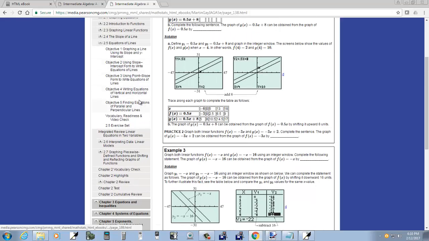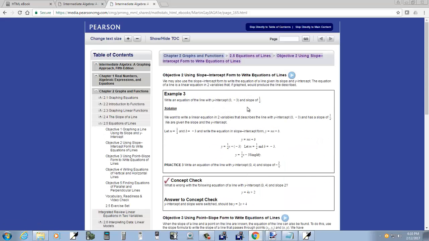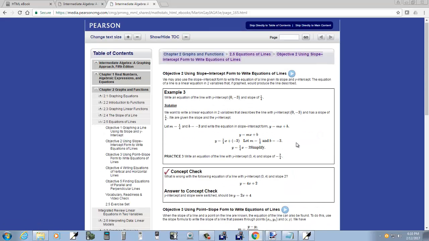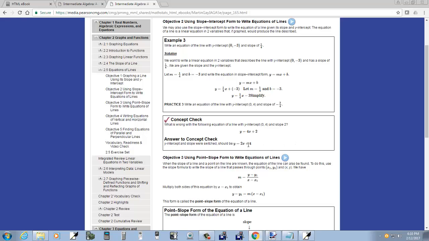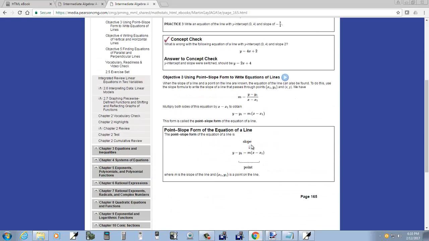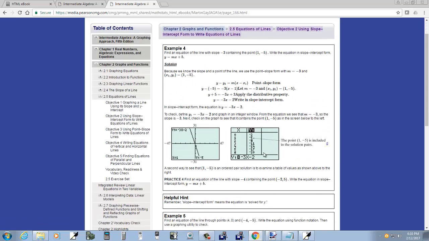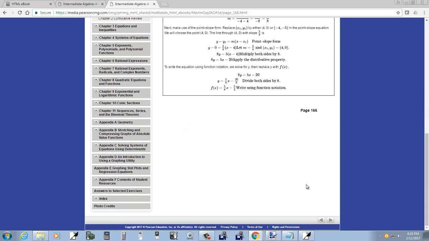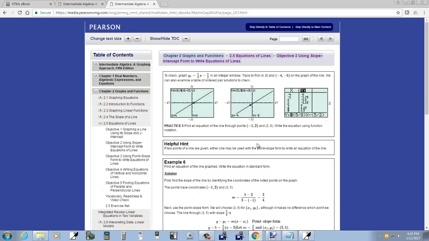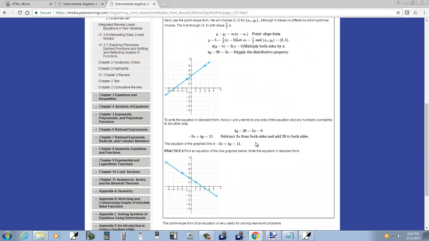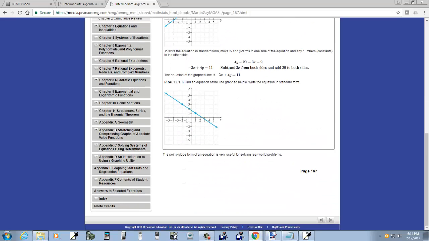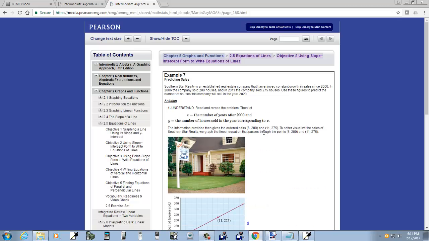We'll know when I submit it whether we get the correct answer or not. The equation of the graph line is negative 3x plus 4y is equal to 11. I'm going to say no fractions since it doesn't say anything about fractions.